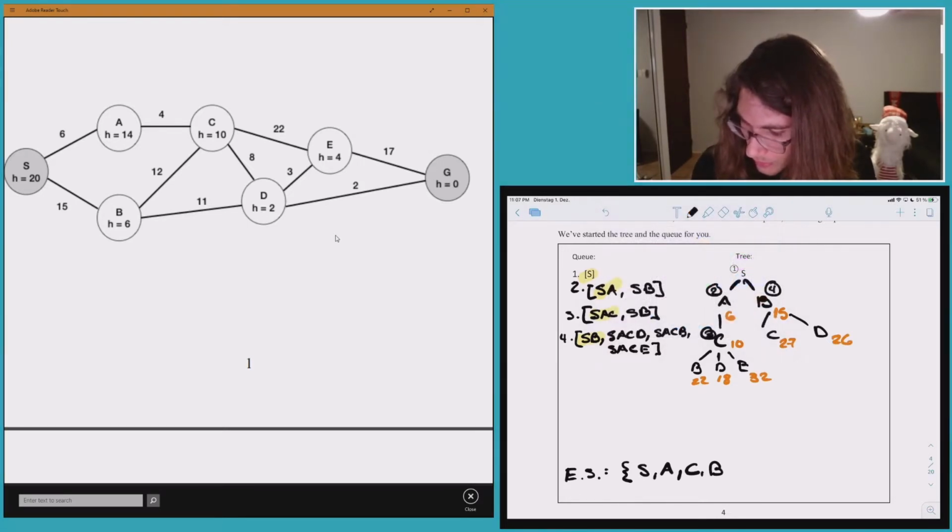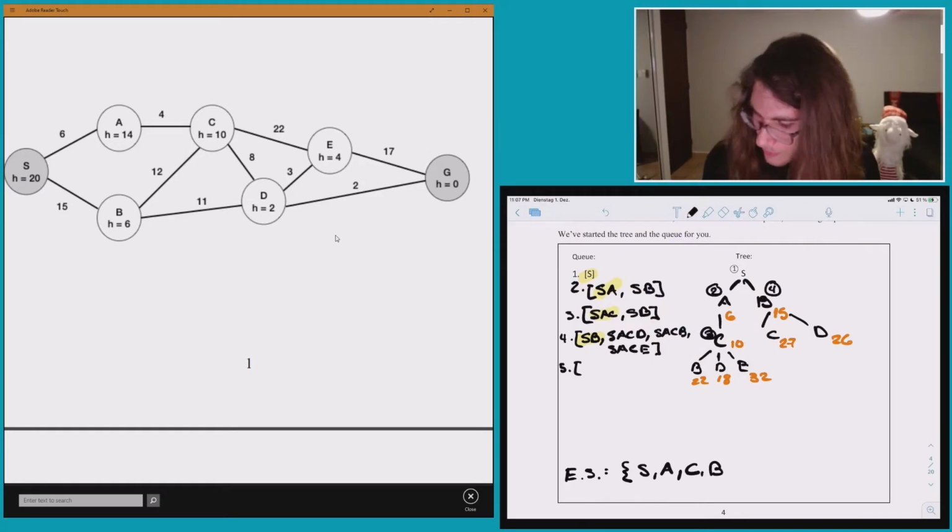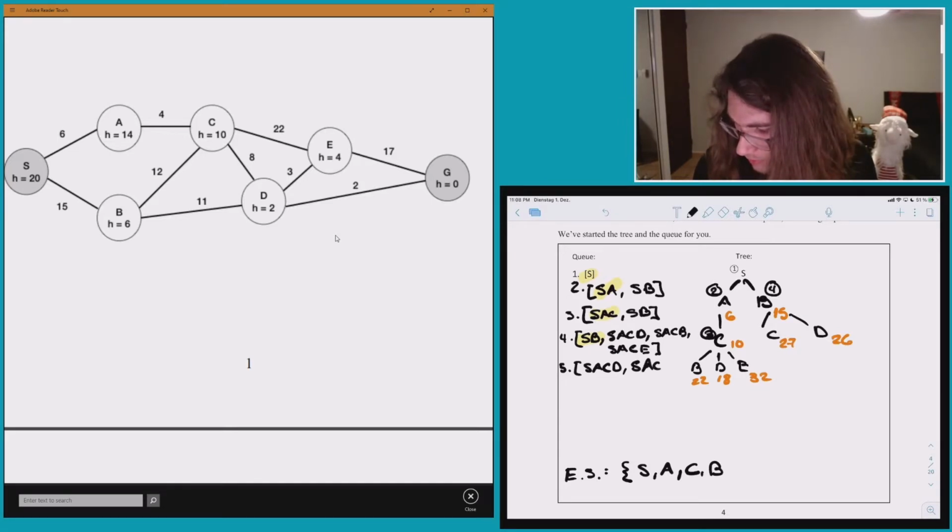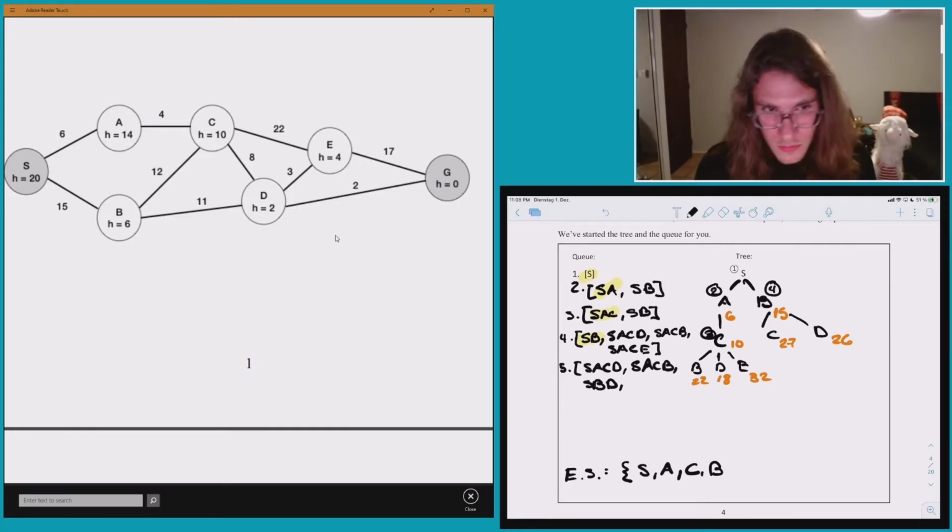Then to write everything out on the queue is going to start taking multiple lines at this point. Now the first candidate is SACD, followed by SACB, SBD, SBC, and then SACE.